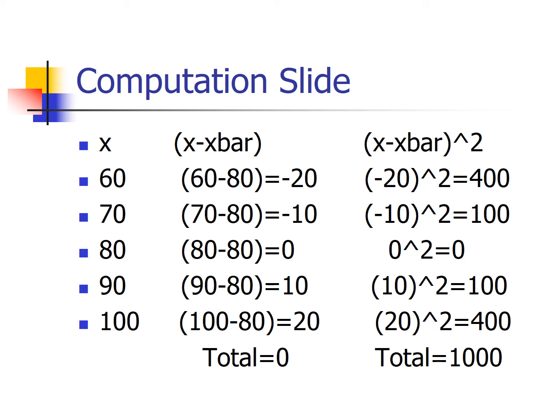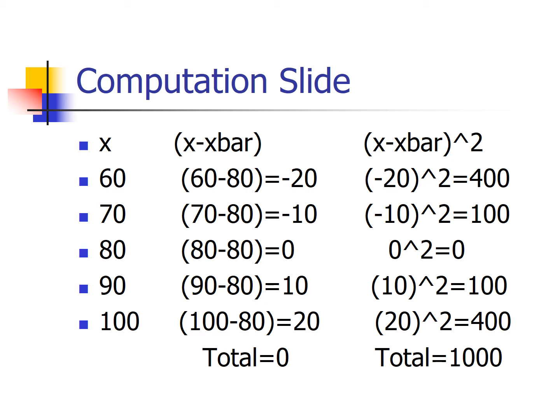But observe, by looking at that middlemost column, if I total up all those numbers, negative 20 plus negative 10 plus 0 plus 10 plus 20, I get the total on the bottom, which is 0. It turns out that that will always happen. If I try to add up the distances, some observations are below the mean, some observations are above the mean, right?